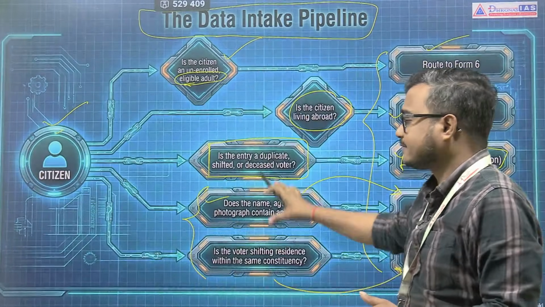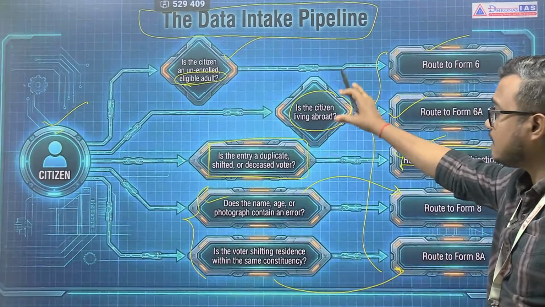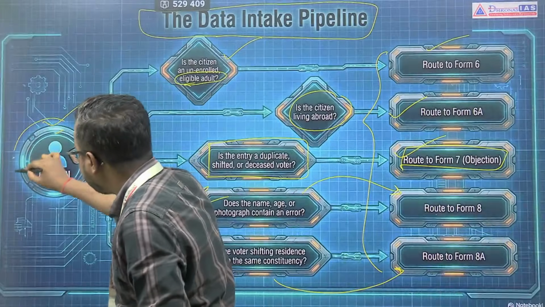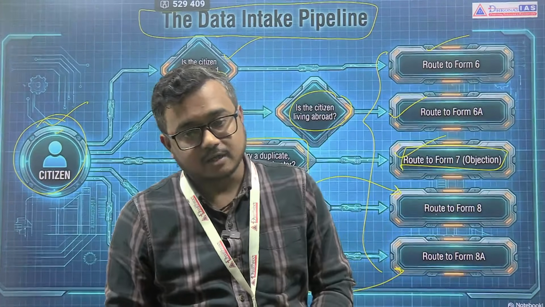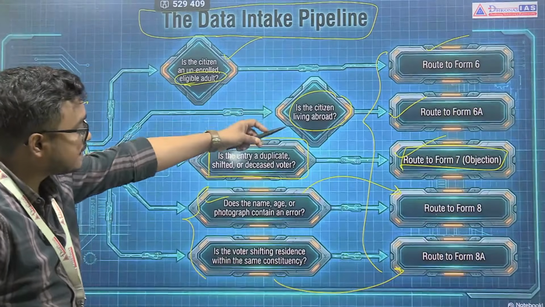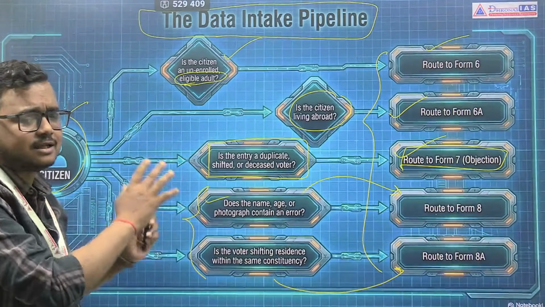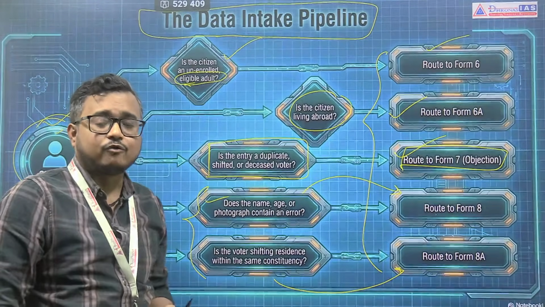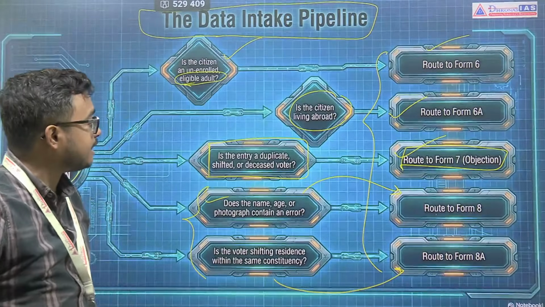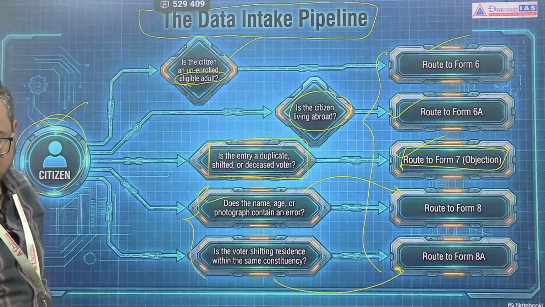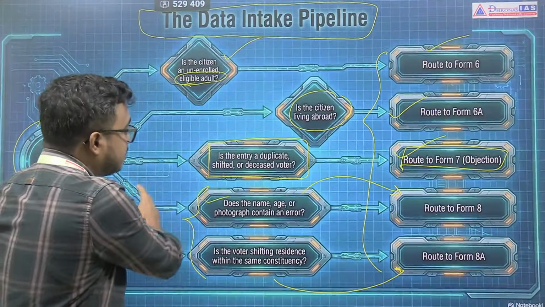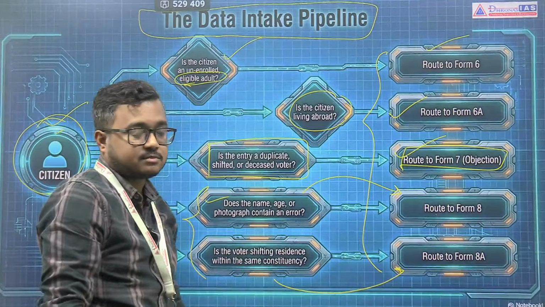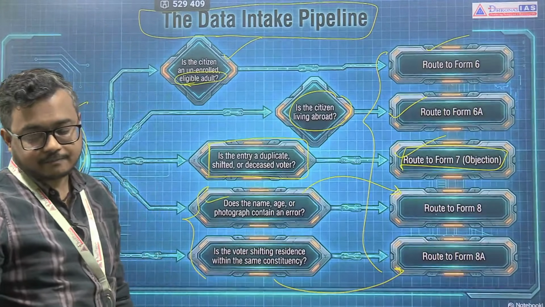So these things are related to any citizen who is entitled to be a voter of India, right? So Form 6, 6A, 7, 8 and 8A, all these links you will get on the voter website if you just check the website. And this is how data is processed from the citizen to the electoral system. This is how the data comes.